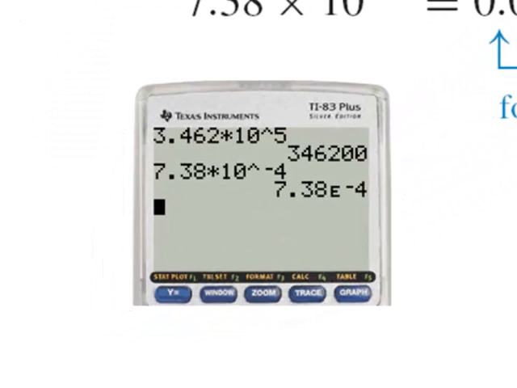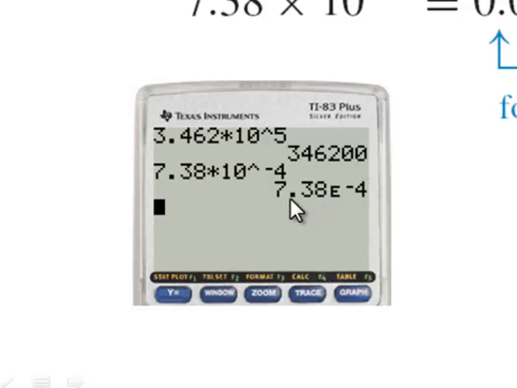We can verify this using a graphing calculator. If we take 3.462 times 10 to the 5th, we get 346,200. And if we take 7.38 times 10 to the negative 4, the calculator is stating scientific notation.